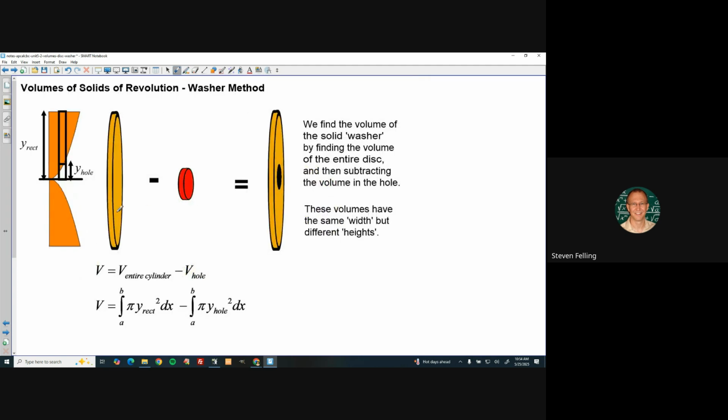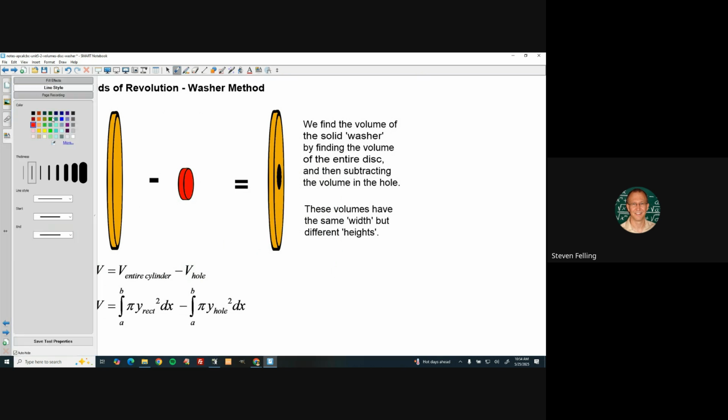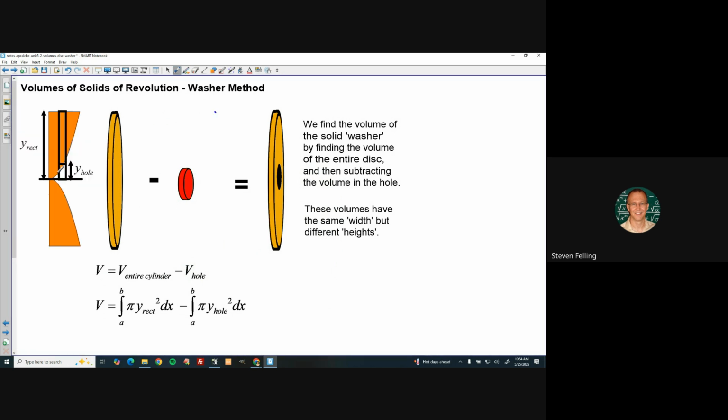The way we're going to do that is we're going to first establish, I'm going to call this R. I like to use a capital R for the longer radius and a small r for the smaller radius. So the capital R is the radius of the entire rectangle.